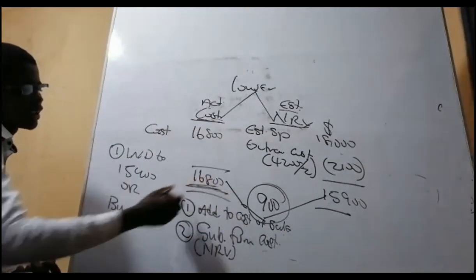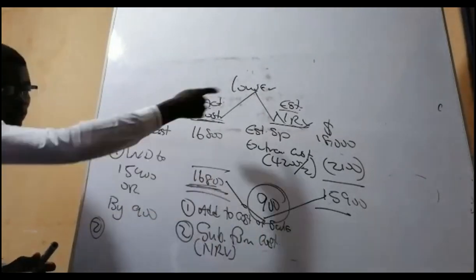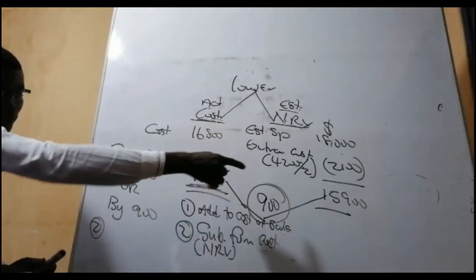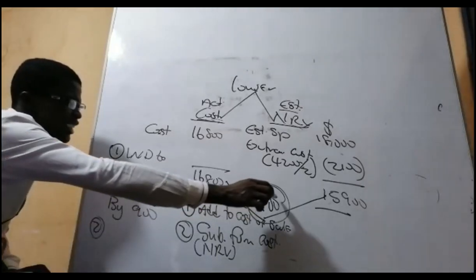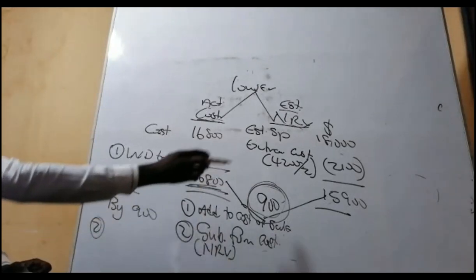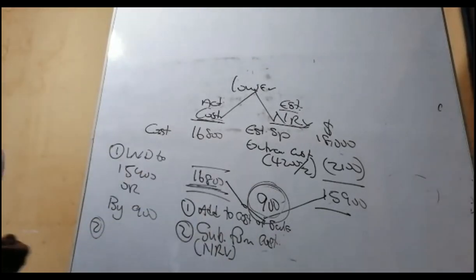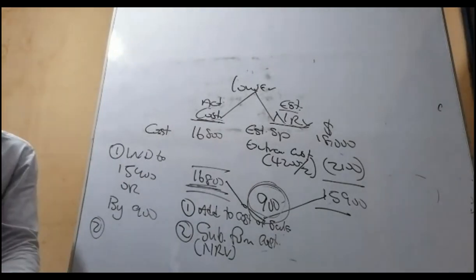When we take off 900 from it, it moves us back to 15,900. So after expensing this in the P&L, the NRV must be taken to the financial position as the value of the inventory, because that's the lowest.